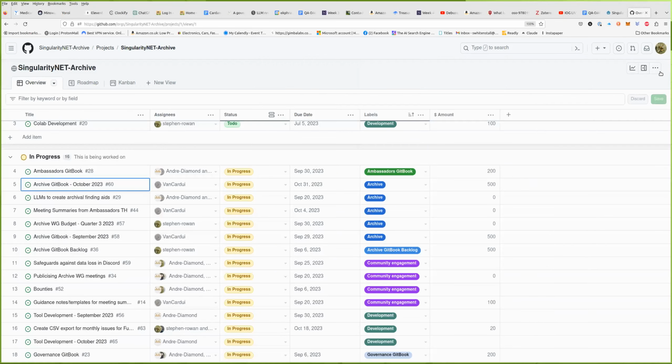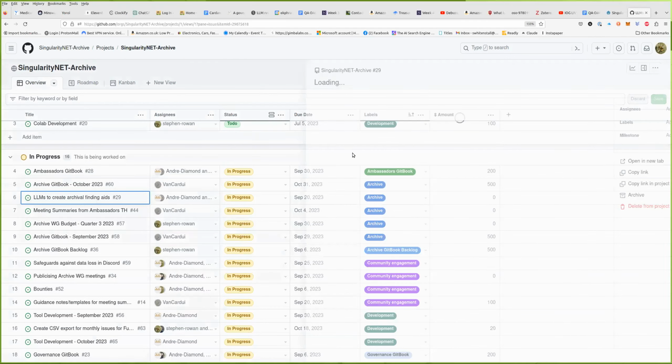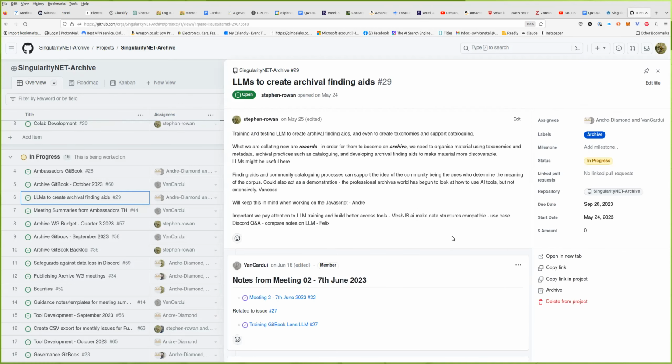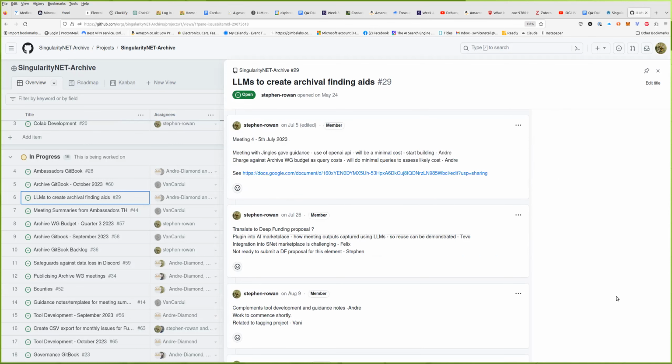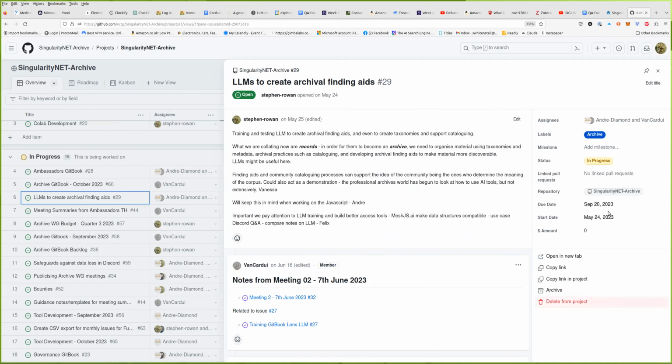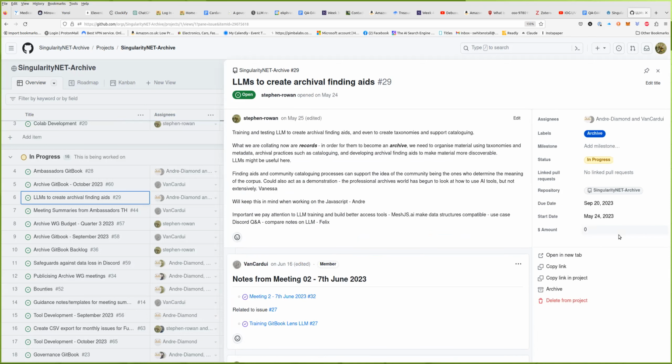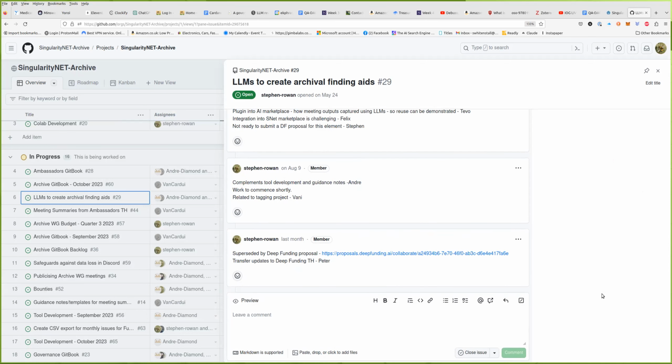I'll move on to the next issue, which is LLMs to create archival fund image. The last update on this was that we're keeping this issue open, although it's a zero budget issue, in anticipation of how our deep funding proposal goes.